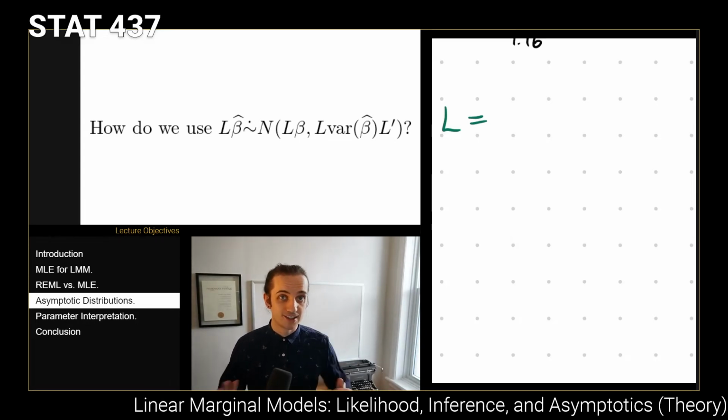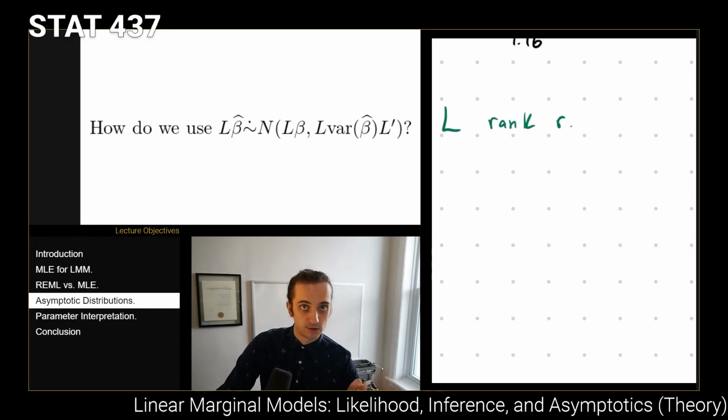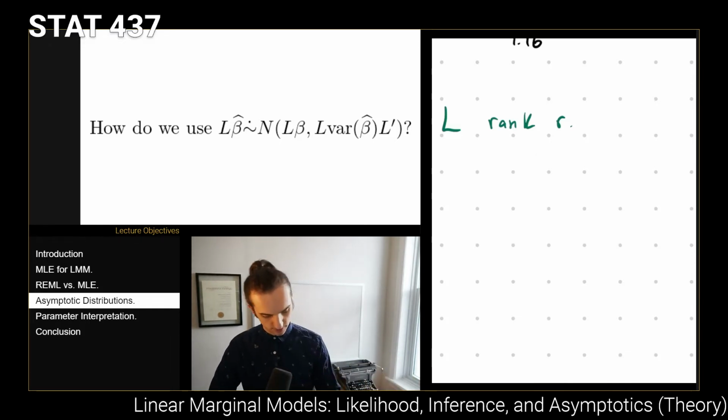Generally, it's going to be a matrix that only has ones and zeros or negative ones in it, but it could be any matrix. And in particular, we're going to think of it as a matrix with rank R. And the idea is that because we know beta hat is normally distributed, any matrix linear combination of beta hat is also going to be normally distributed, right? So L beta hat also follows a normal distribution.